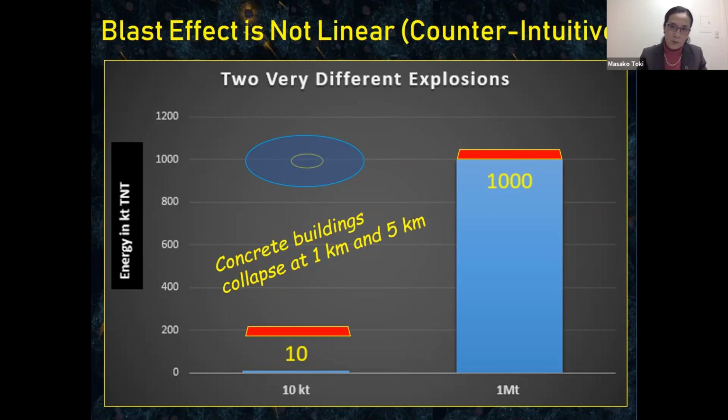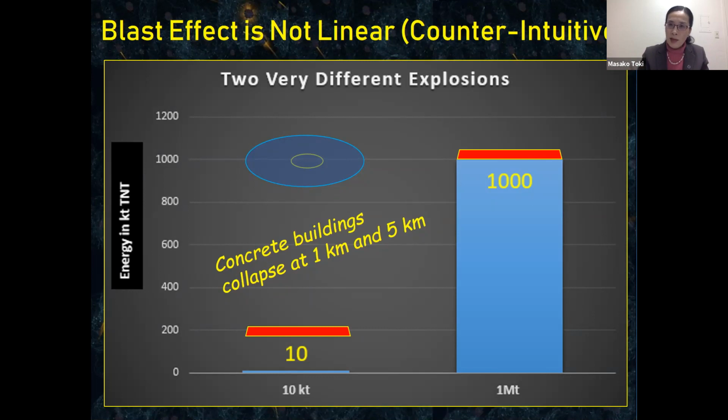So this really comes to the issue of low-yield nuclear weapons that many politicians in certain countries are talking about. So this really gives you some misleading concept. If it's low yield, it's usable.